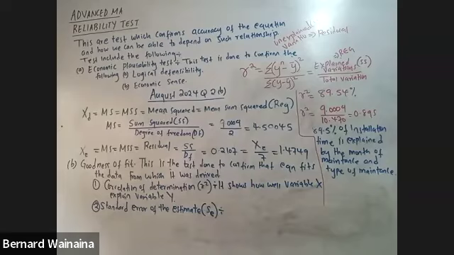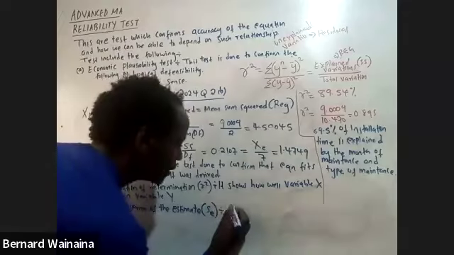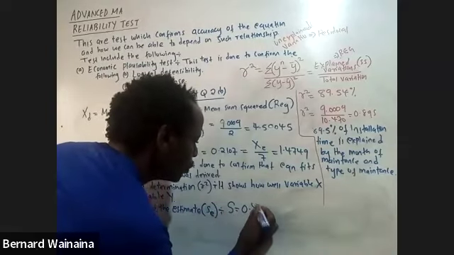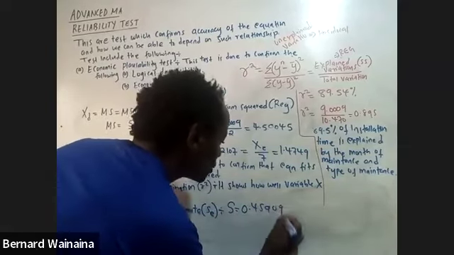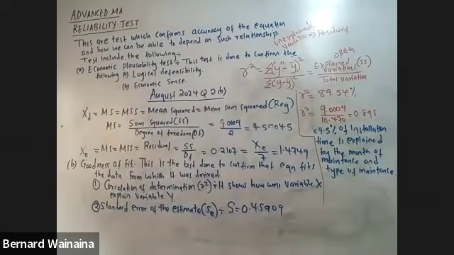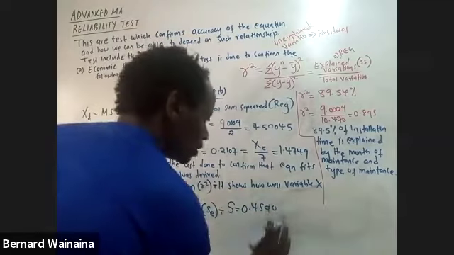Now, chini ya hiyo table, do you see the value S, 0.459048? Can you see this figure? Anasema S 0.459048.